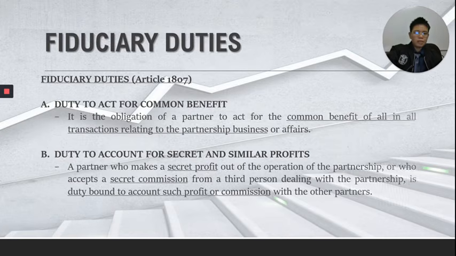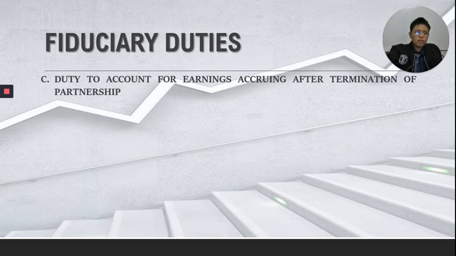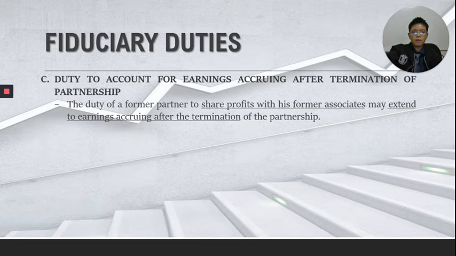What else? Duty to account for earnings accruing after termination of the partnership. So, remember, if meron pang na-collect na profit or earnings after the partnership has already been dissolved, kailangan pa rin itong i-share ng collecting partner to the other partners. So, even if yung earnings na to, it is realized after the dissolution of the partnership.